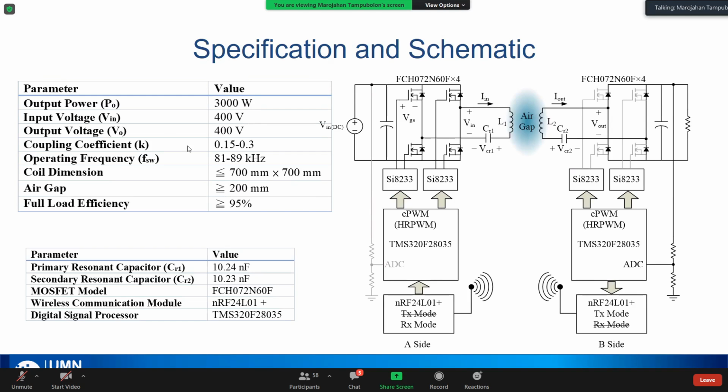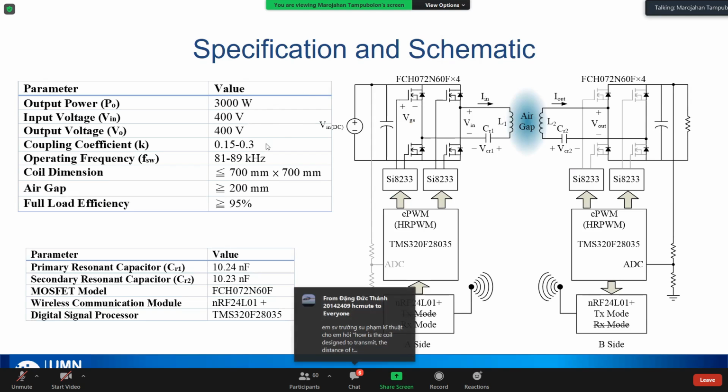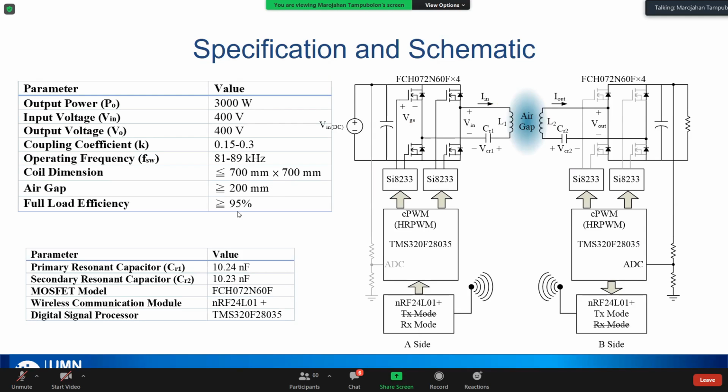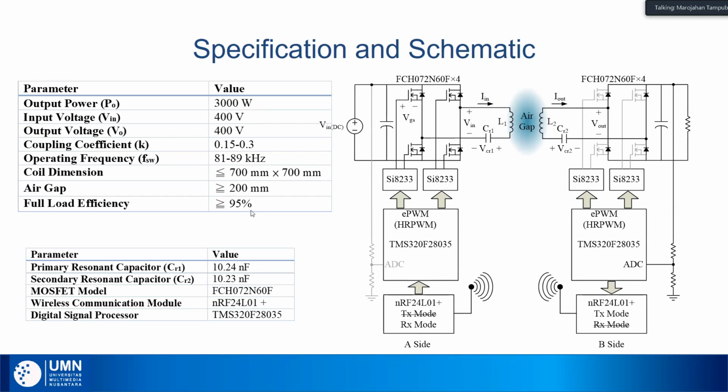The output power is 3 kilowatt, the input voltage is 400 volt, and the output voltage we target is 400 volt. The coupling coefficient we limit between 0.15 to 0.3, the operating frequency we limit between 81 to 89 kilohertz, the coil dimension is around 700 millimeter, the air gap is larger than 200 millimeters, and the full load efficiency will be larger than 95.